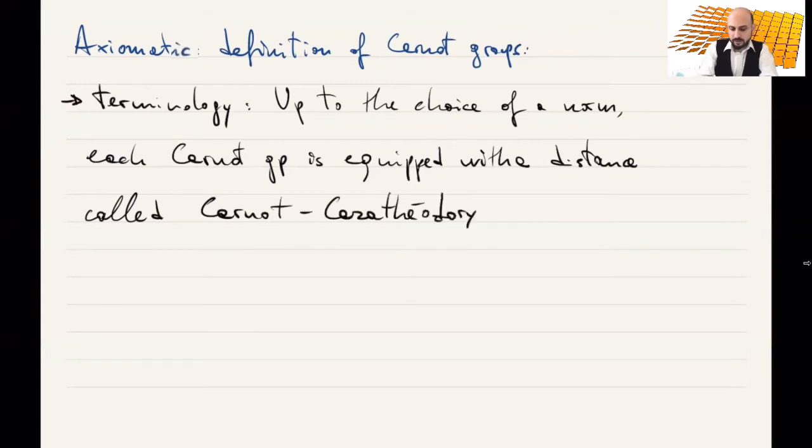So, in other words, you still don't know yet what a Carnot group is, but you should think that a Carnot group is some particular metric space.